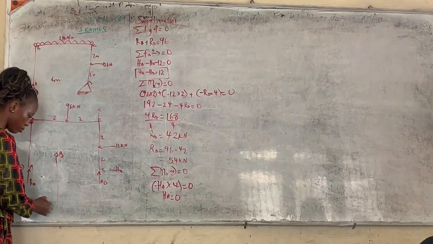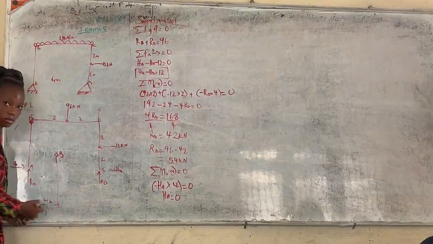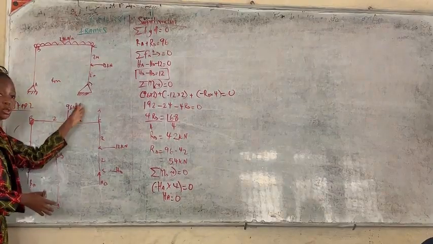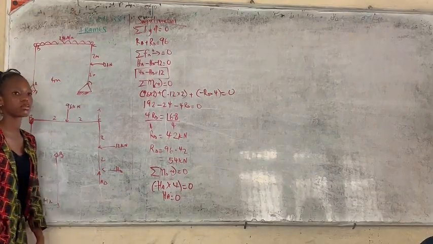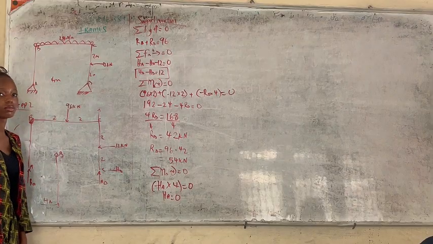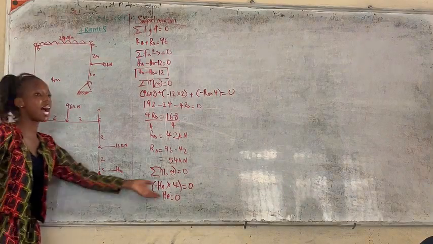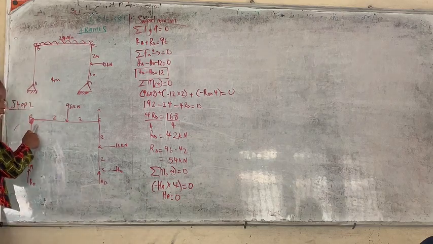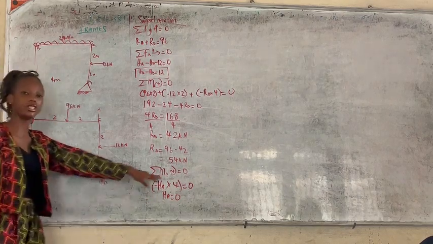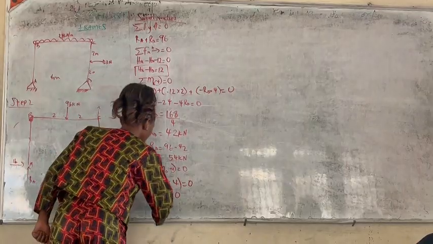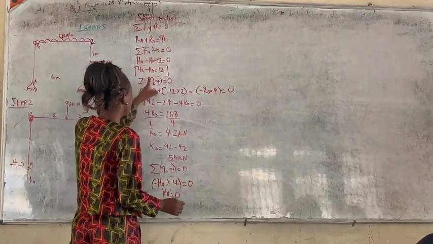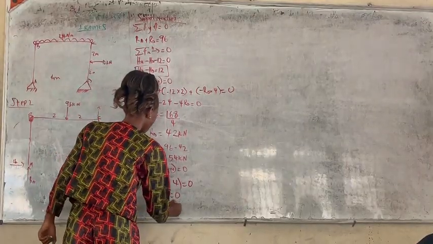So if the hinge was on C, we would neglect this part. If the hinge was on C, we are going to pick this. Do you get? So that's exactly why our HA is there. And our HA is what? Negative HA times 4, which is equal to 0. HA is what? 0. That means our HD is going to give us what? HD will now give us negative 4.